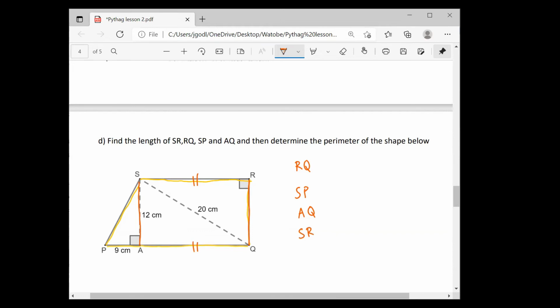So for SR, I don't get a decimal. I'll double check mine. Yeah, I don't get a decimal for SR. I get a nice whole number.